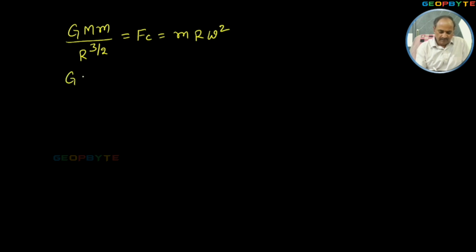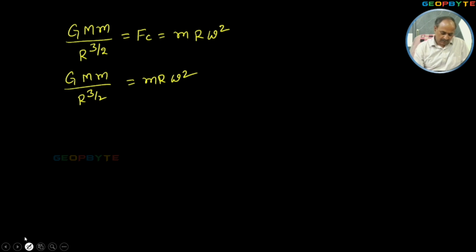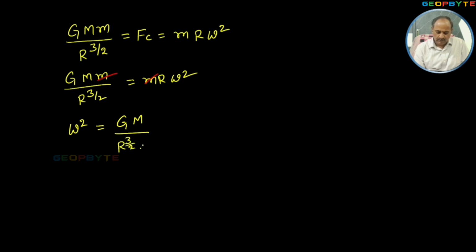From this you can write that GMm by r power 3 by 2 is equal to m r omega square. Let us cancel the small m on both sides. From this omega square equal to GM by r power 3 by 2 into r.